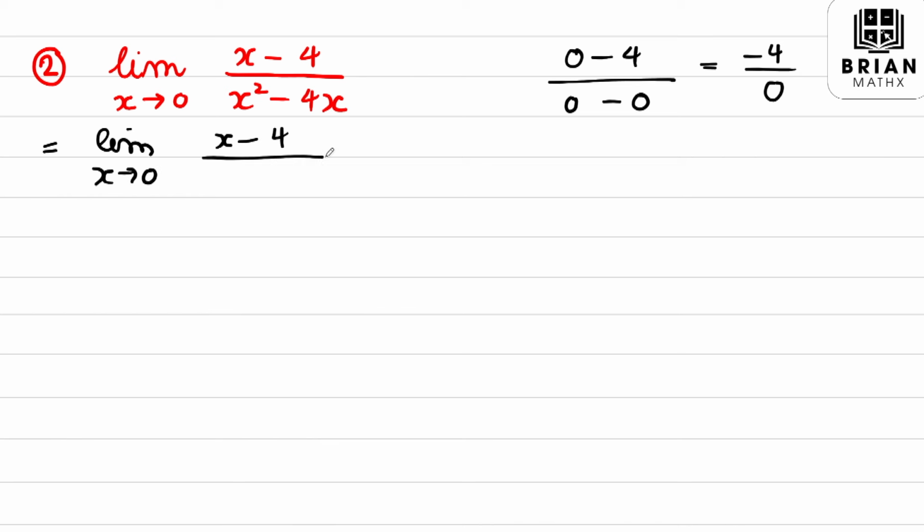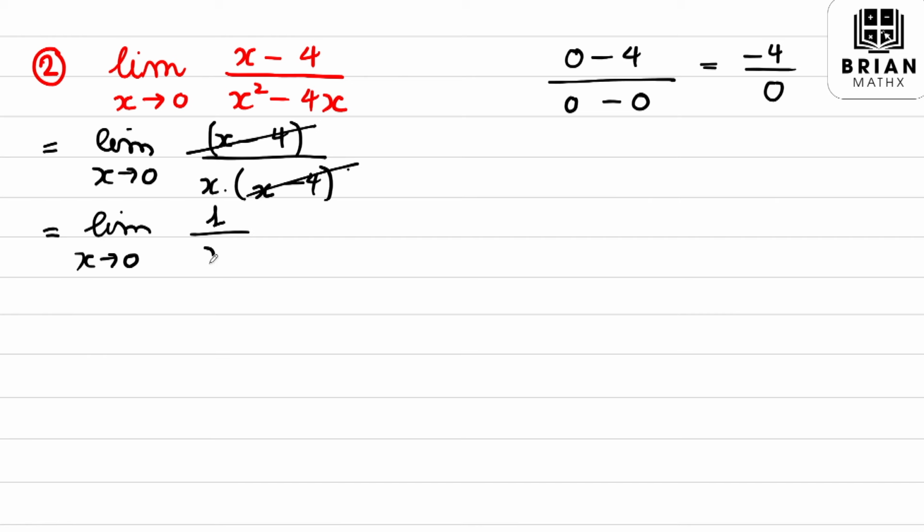My step is to factorize the denominator. x squared minus 4x means when I take x outside as the common factor, inside the bracket I have x minus 4. So the denominator and the numerator have the same factor x minus 4, so I can simplify by this one. And the limit becomes easier when x approaches 0.